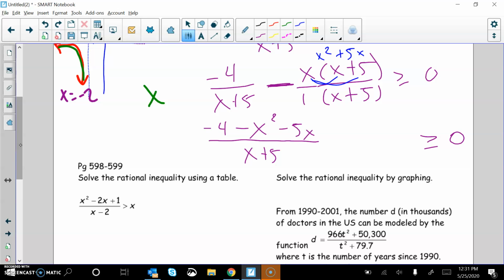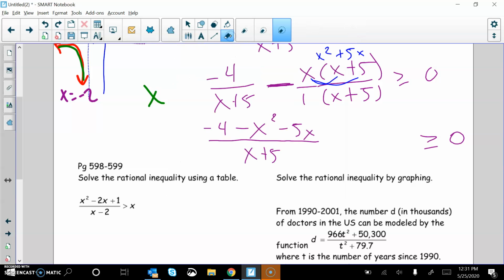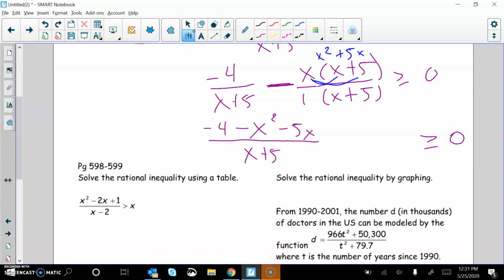Okay, let's go ahead and find our key values. So when is the bottom equal to 0? That'll give us our vertical asymptote or hole in the graph if we were to cancel.